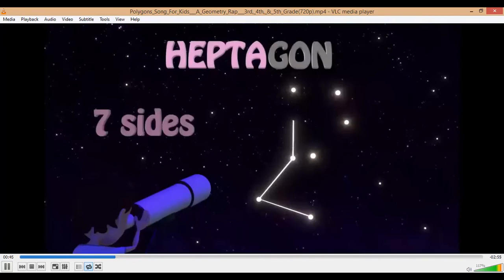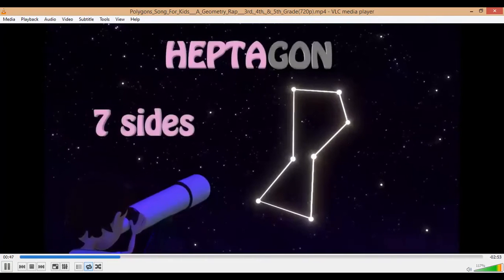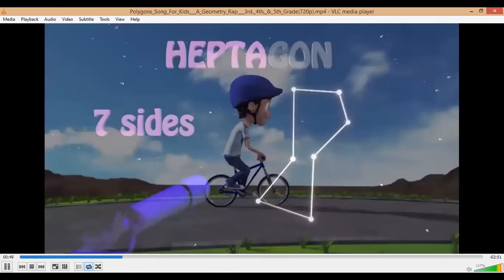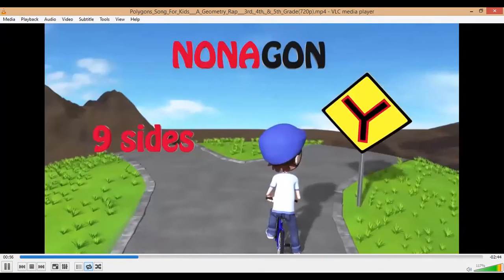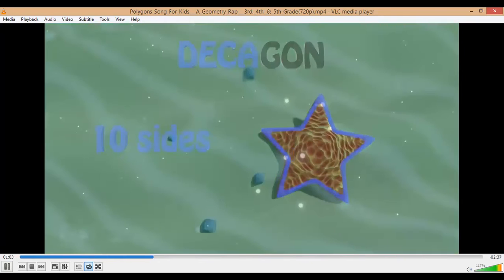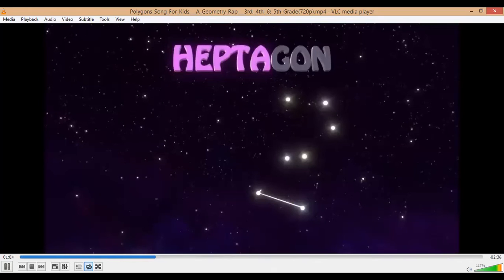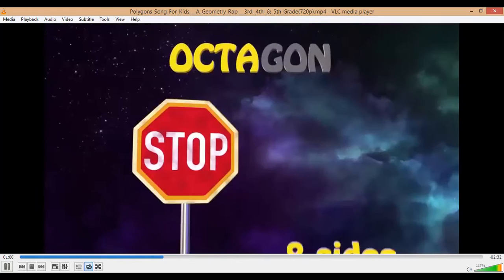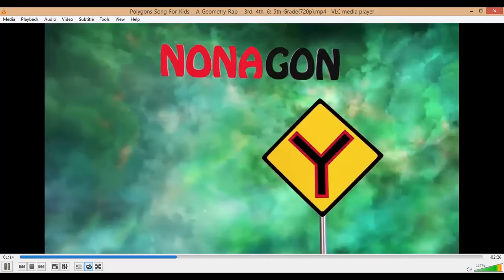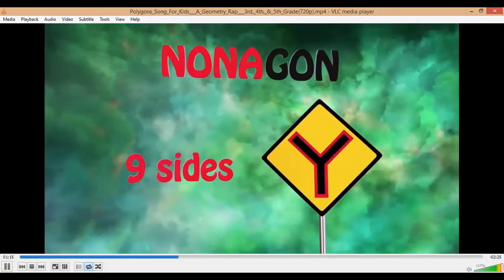Seven sides like Orion in the heavens. Octa is a sides like a starfish in the ocean. Hecta means 7, octa means 8. Nona means 9 and deca means 10.